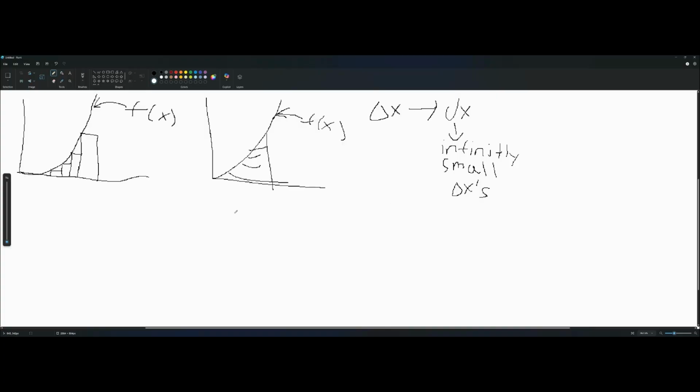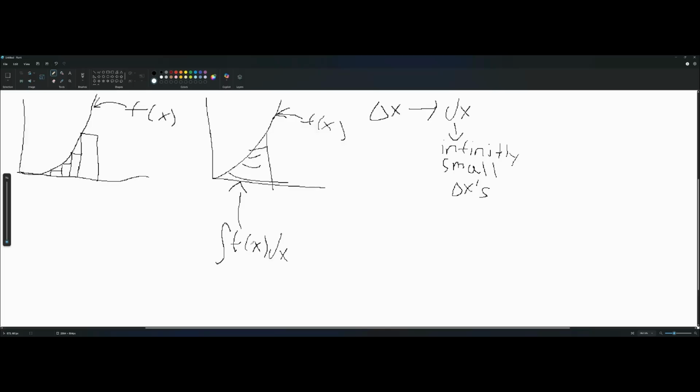And so now what we can say is that this is just the integral of f of x times dx, because all we're doing now is summing all of our infinitely small rectangles, hence why this integral sign is a massive S, right?